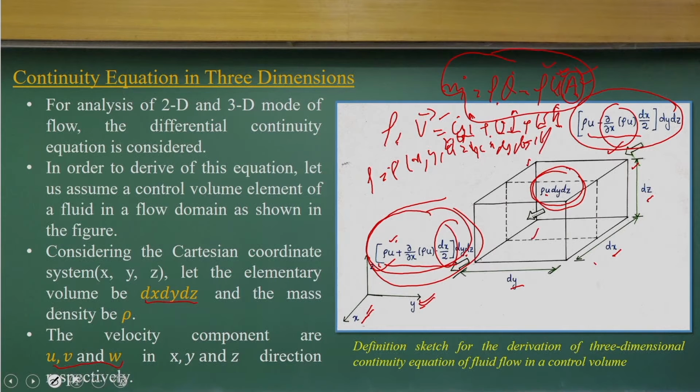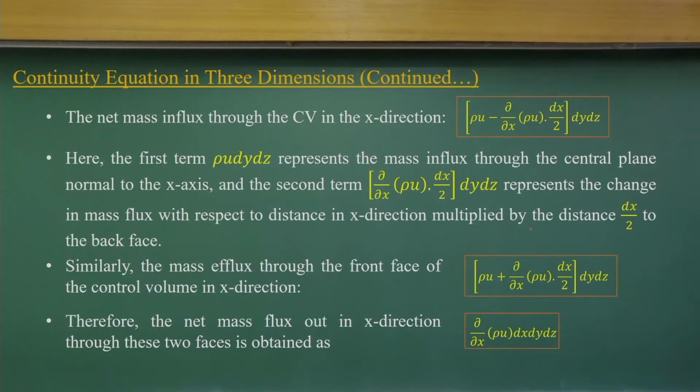Then we can compute the net mass flux, which is very simple. That is the net mass influx passing through the x direction. I explained it, and this is the net influx of mass in the x direction. We just subtract the two and we get this part.